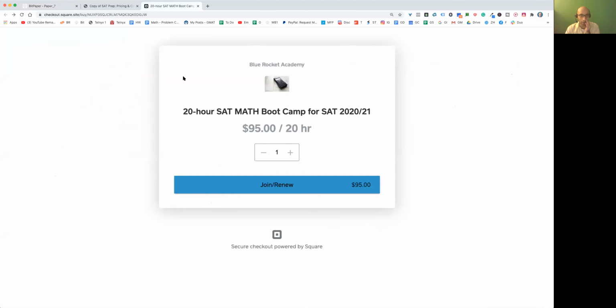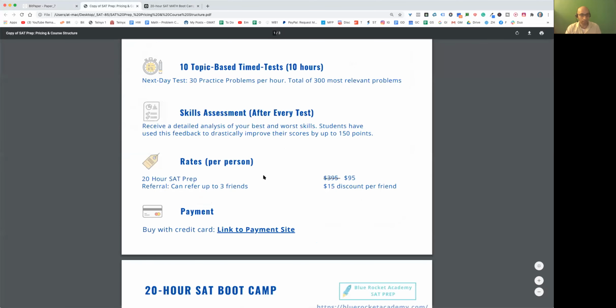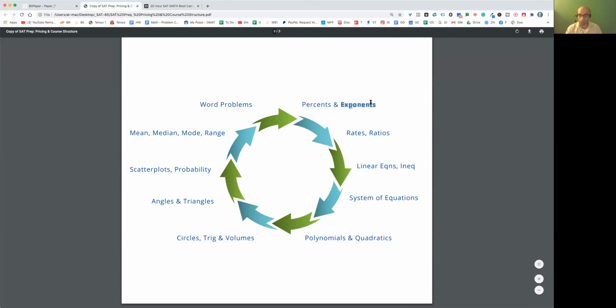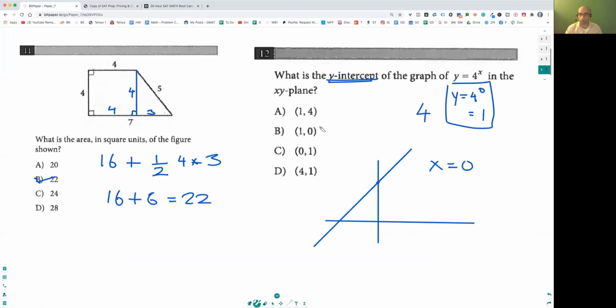This again is our exponent section right over here. I think this should be easy. So that's 1. Remember, there are 2 choices here, so they might try to confuse you. This is x is equal to 0 and y is equal to 1, so C is the answer.